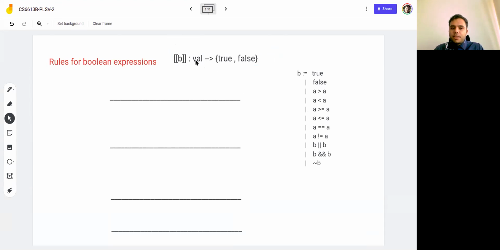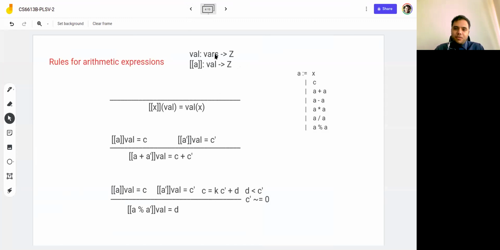So it maps some of the valuations to true and false, and then it's undefined for the others. You can also change this to true, false, and error. That's also okay. But we want to keep the undefined thing there. And here as well, if it has division by zero or some other error like that, we just assume that the meaning of A is undefined.